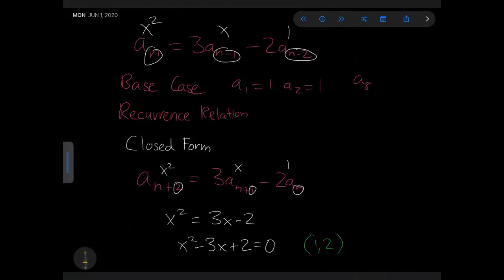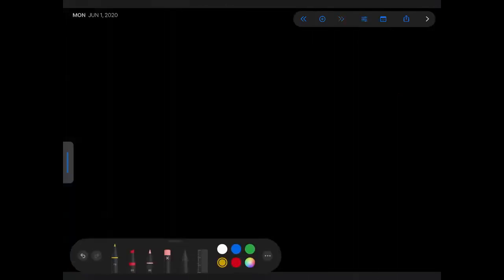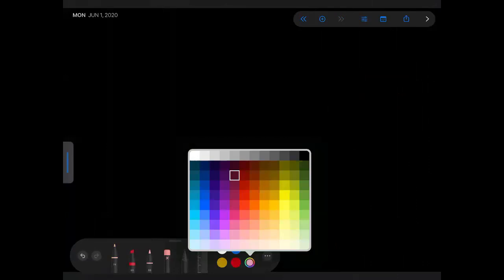And the way it turns out is if we had a sub n, it's going to equal some constant times one of our roots to the nth power plus another constant times the other root to the nth power.